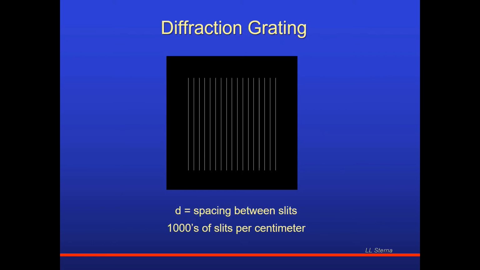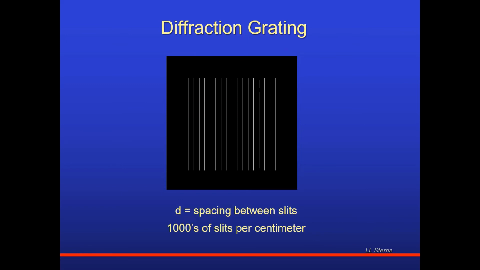Now, one comment about the language. Apparently at one time, the way these gratings were made was by, say, scratching those lines into a dark object. So, although I'm referring to thousands of slits per centimeter, if you pick up a grating, it will typically say how many lines per centimeter.